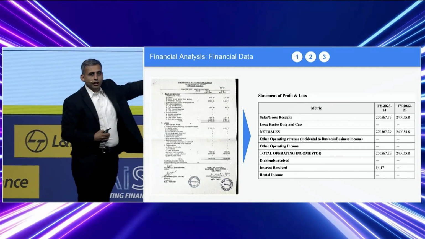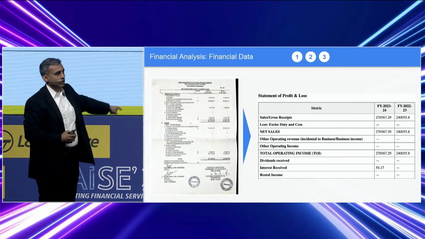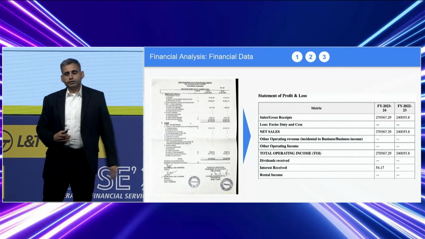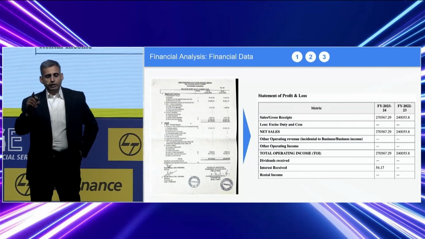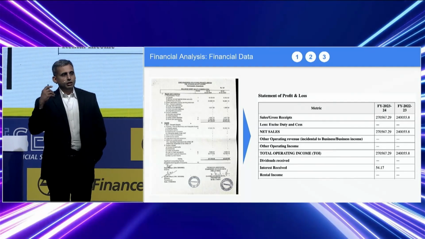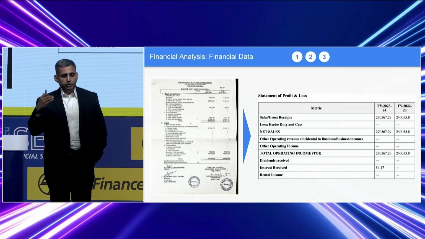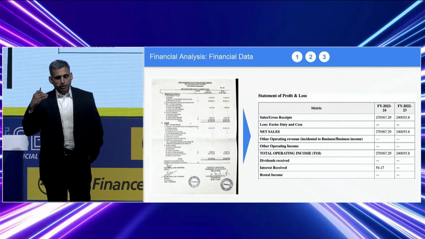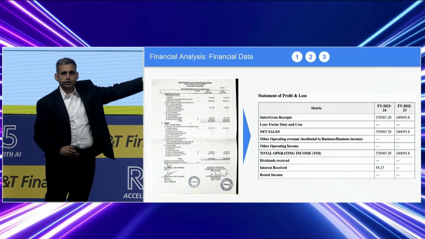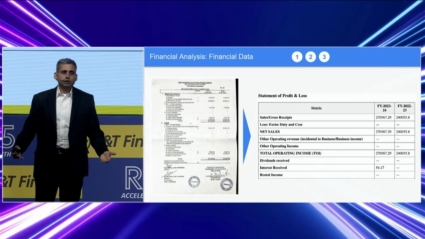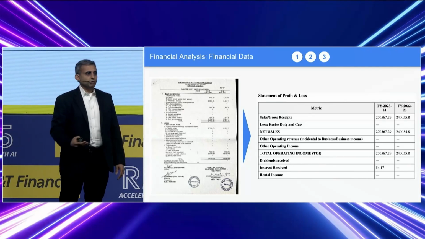But this is able to take what you see on the left-hand side and produce a highly standardized form which includes the items of interest that you really want, like gross receipts, annual operating margin, operating income, interest received, and so on. I'm only showing you a small snapshot on the right-hand side of the full data that's actually useful and needed for doing the analysis.